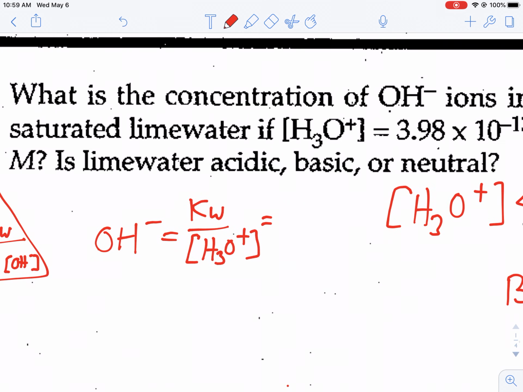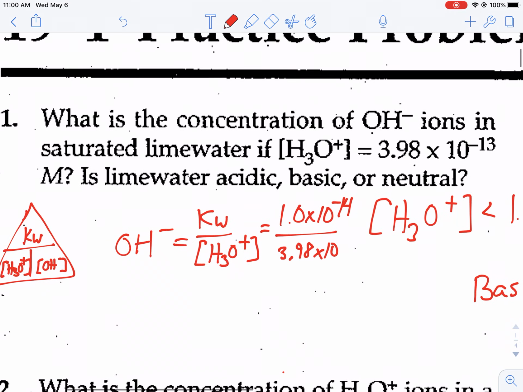I know that Kw is 1.0 times 10 to the negative 14th. And I know the concentration of hydronium is 3.98 times 10 to the negative 13th. If I go ahead and calculate this in my calculator, I'm going to get 2.51 times 10 to the negative second, or 0.0251.